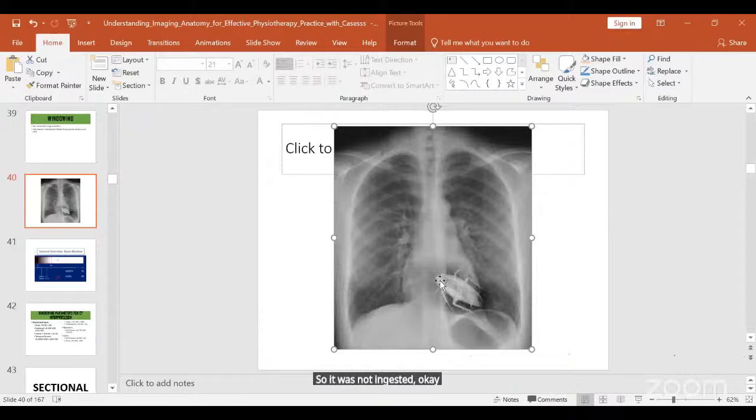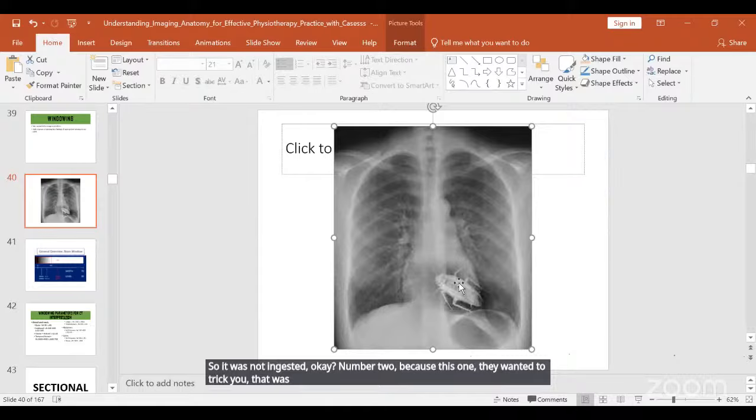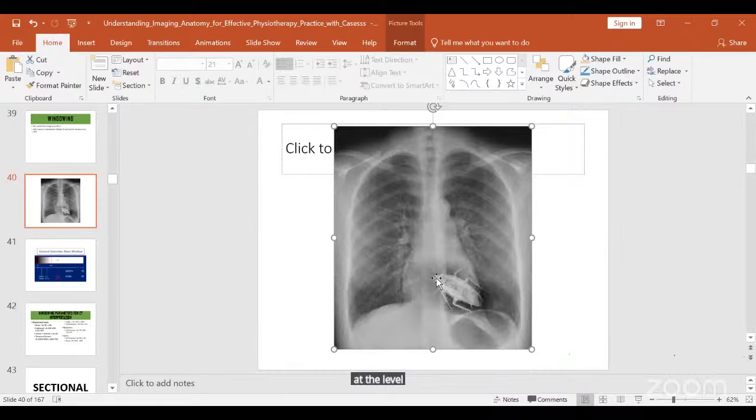Number two, they wanted to trick you. That was why they put it at a level that is a bit confusing, perhaps at the level of the stomach. But this is not the level of the stomach either. If it's ingested, it should be much lower, at the level of the stomach, because look at the fundal gas that we discussed last time. That's the fundal gas beneath the diaphragm. Can you see it? Beneath the diaphragm.